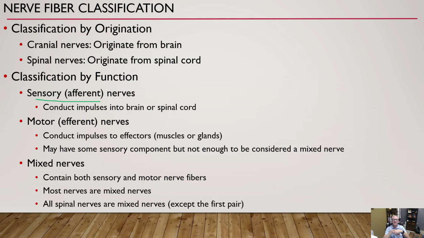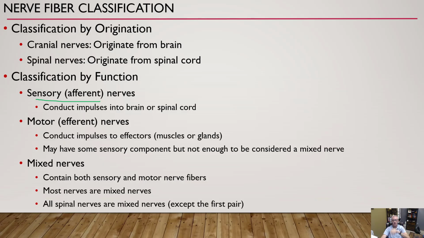However, what we see is that most of the nerves out there are actually mixed nerves, that they contain both sensory components and motor components. Some nerves are sensory only nerves, some nerves are motor only nerves, but most nerves are actually mixed nerves, containing sensory and motor components.